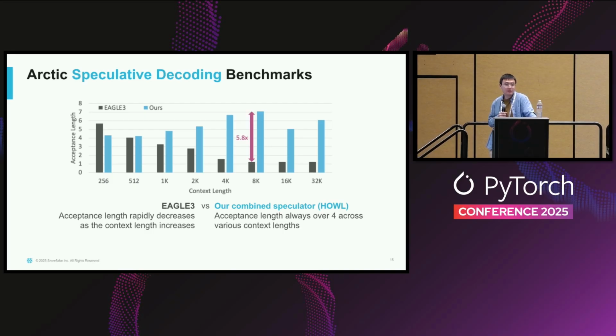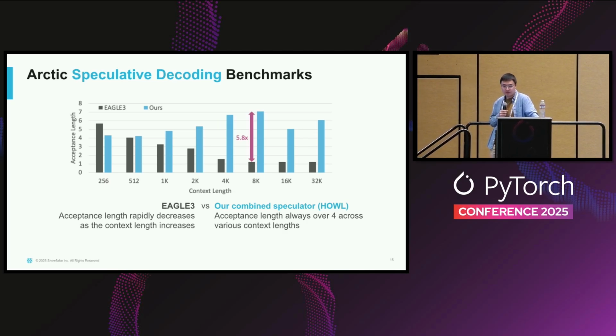Question. So for the suffix decoding case, did you try anything like on-the-fly training of it for agentic systems? So the question is, did we try any kind of on-the-fly training for suffix decoding? I guess there's two parts, right?